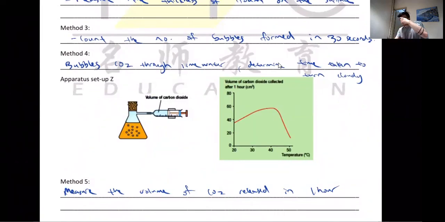This is why if you want to ferment something, let's say you're a brewery. Breweries are places where they brew beer, or any alcohol for that matter. If you're a brewery company, you would brew your beer at 40 degrees. This is where you produce the most alcohol. Brewing takes a long time, guys.